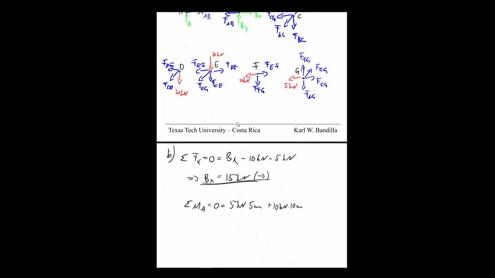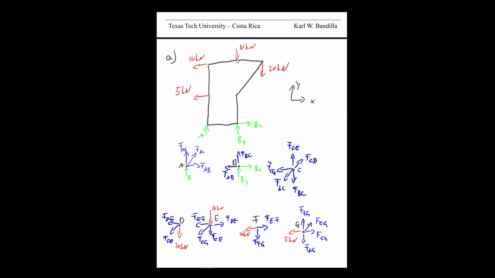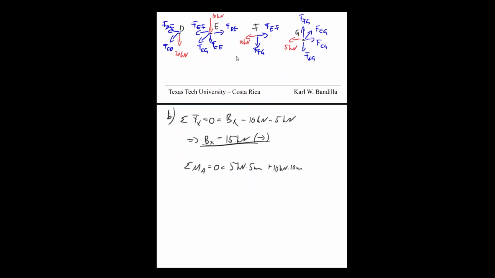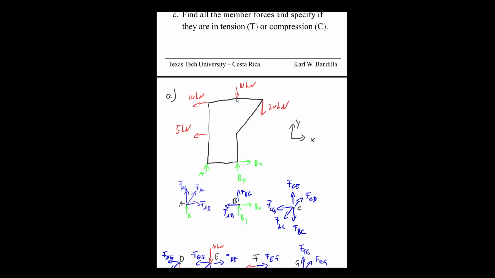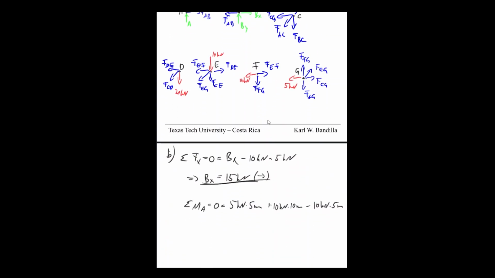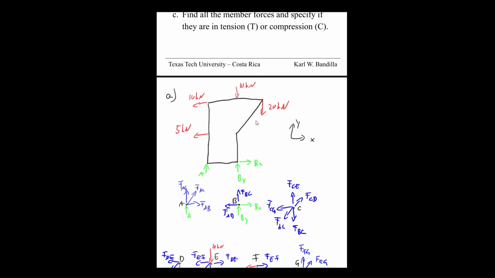We're doing it around A, so that means this one is going clockwise by 5 meters, so minus 10 kilonewton times 5 meters, that one, and then also clockwise 20 kilonewton times 10 meters.